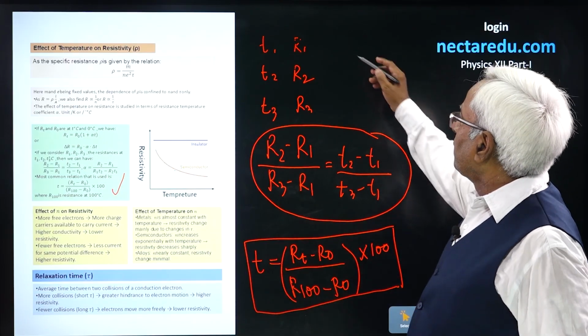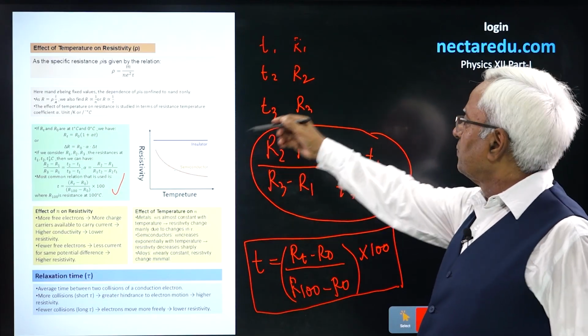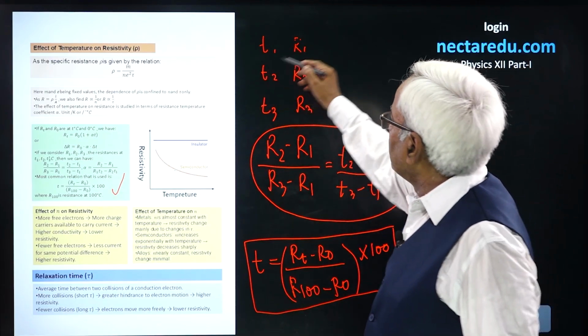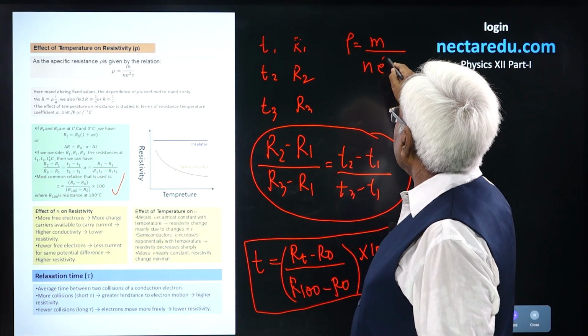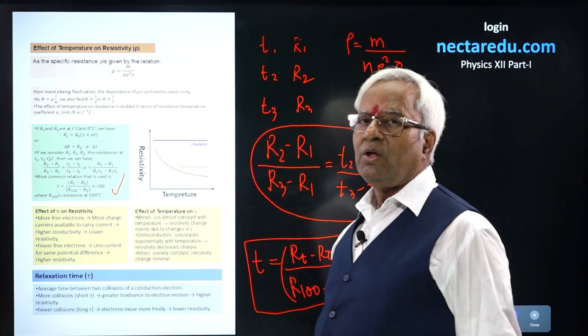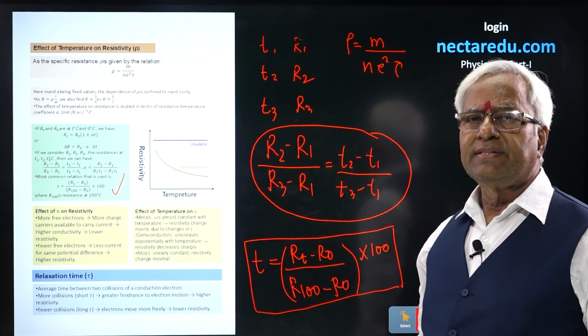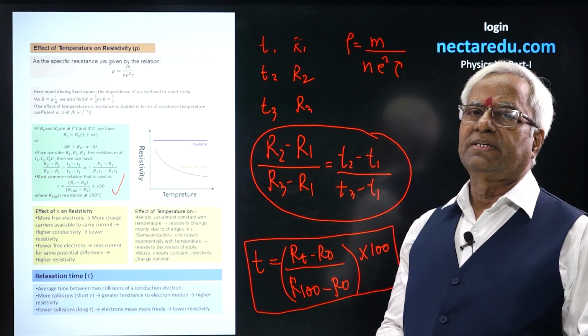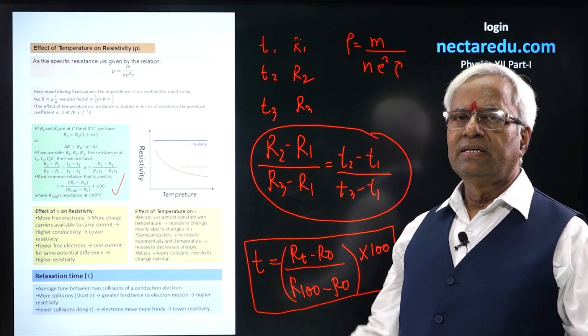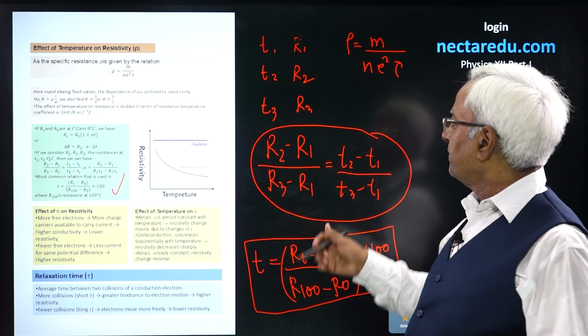You see, what is the role of n? This we want to find. Here we have written rho equals m upon n e square tau. For metals, n is already so high that there is no effect of temperature. It's not going to change by increasing or decreasing the temperature.